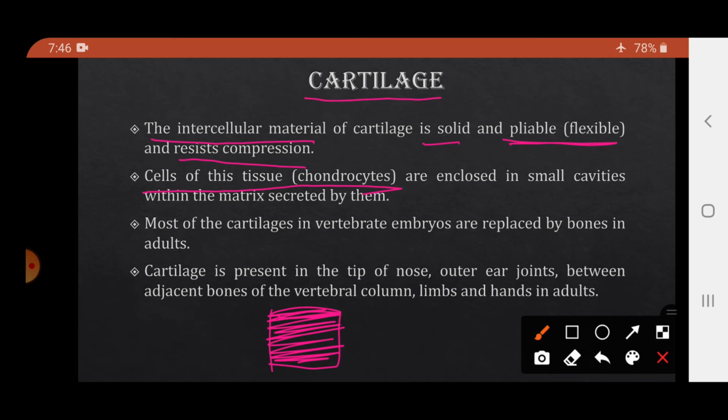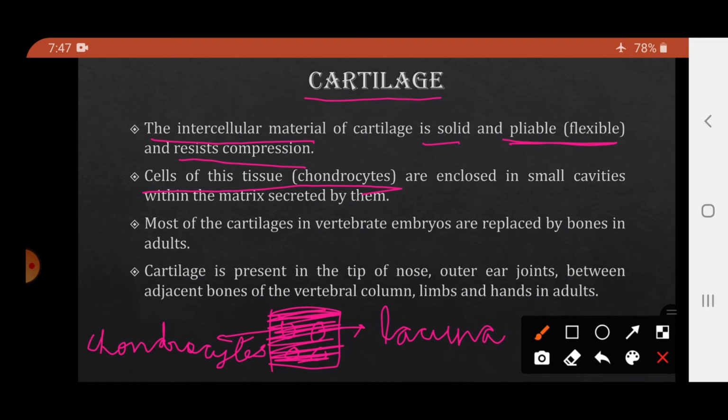Okay, now ये मैट्रिक्स के अंदर क्या होती है? कैविटीज होती है. These are the cavities which are found in the matrix. ये कैविटी को बोलते हैं लेक्यूना. What are these cavities called as? Lacuna. And within this lacuna कौन arranged होते हैं? Cells. So where are the cells present in the tissue?